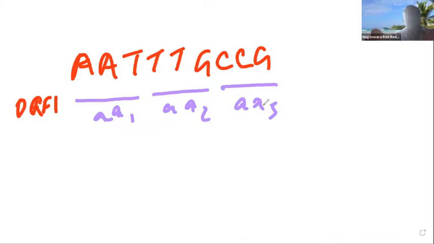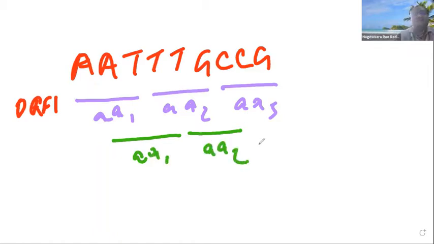Now look at frame 2. Frame 2 starts from here, from the second nucleotide. So at the end there are 2 nucleotides which are left. This is ORF2.